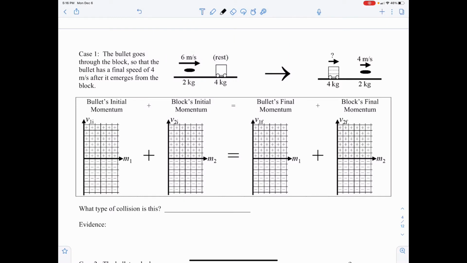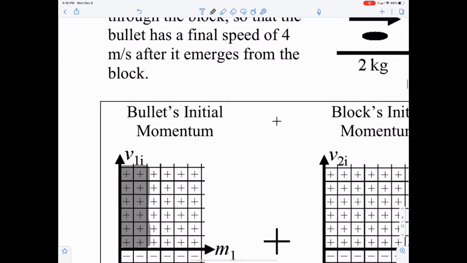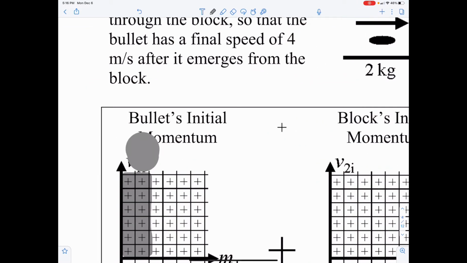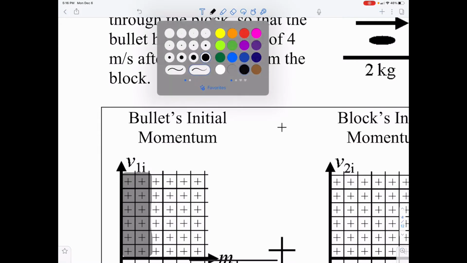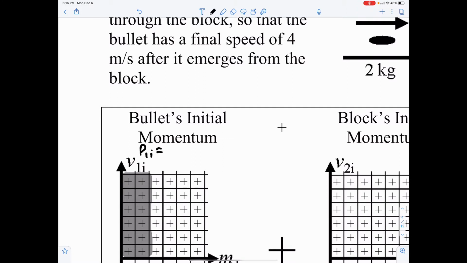So we're going to be going 2 kilograms at 6 meters per second. There's our initial momentum here. And we'll go ahead and calculate things along the way too. P1 initial would be 2 kilograms times 6 meters per second, or 12 kilograms meters per second.